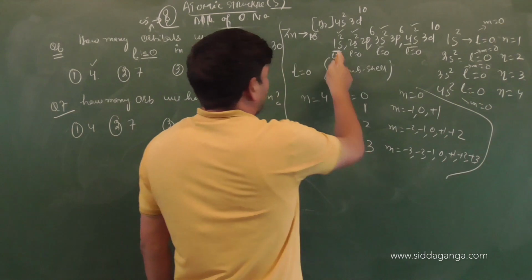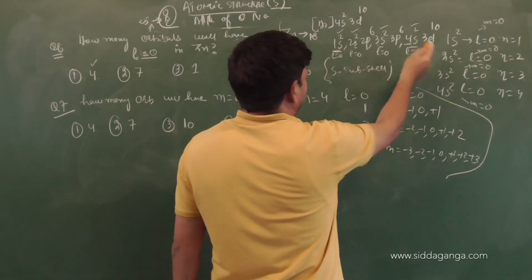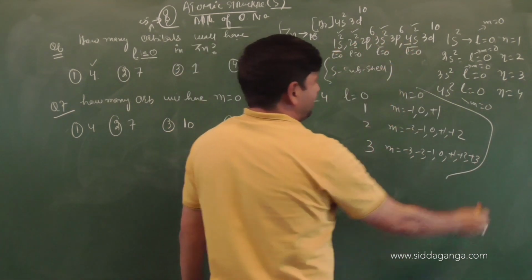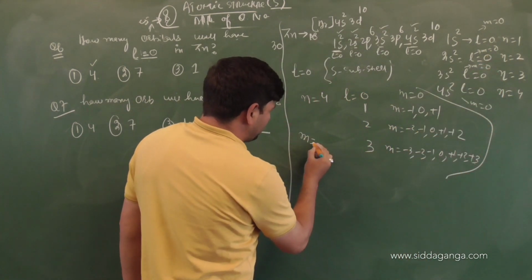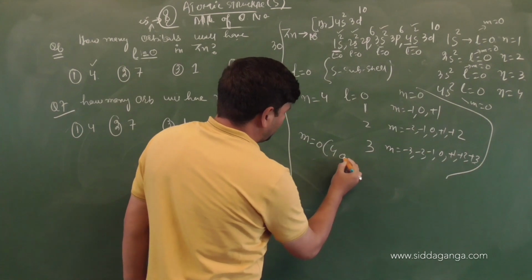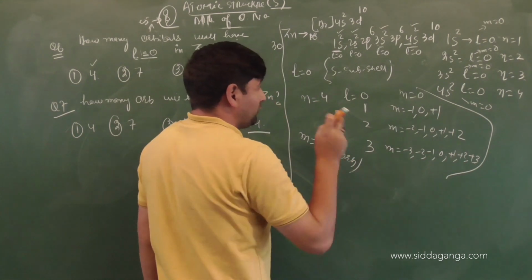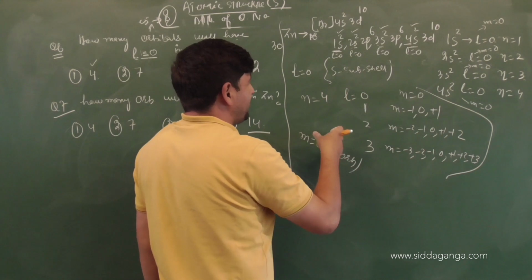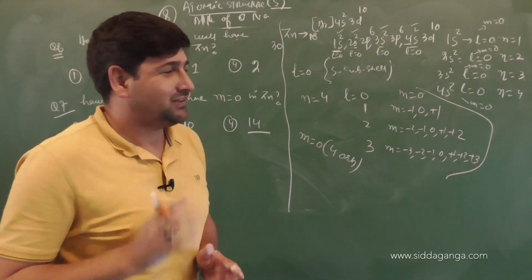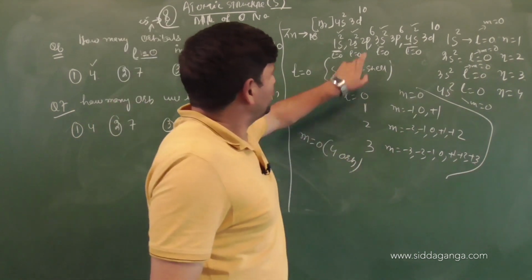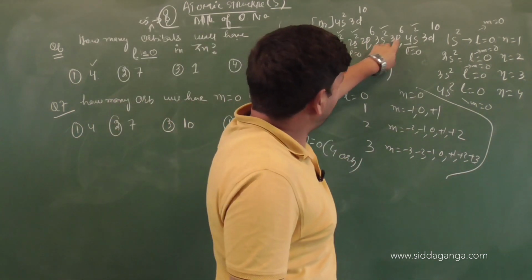So for 1s, 2s, 3s and 4s, all these will have M value 0. So you got M value equal to 0 for 4 orbitals, 1s, 2s, 3s and 4s. The question which we solved a while earlier. Clear? Good.